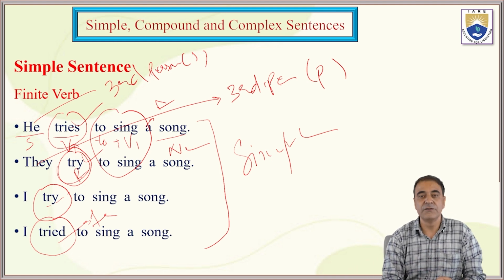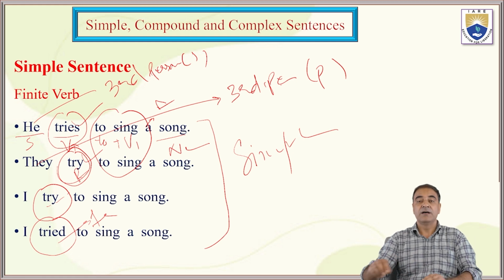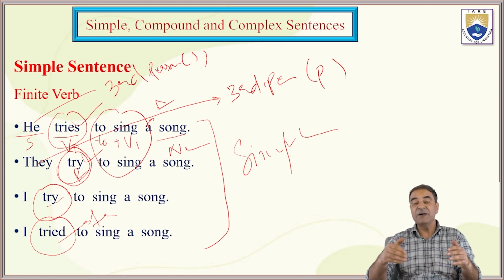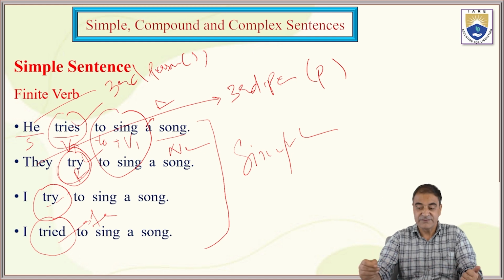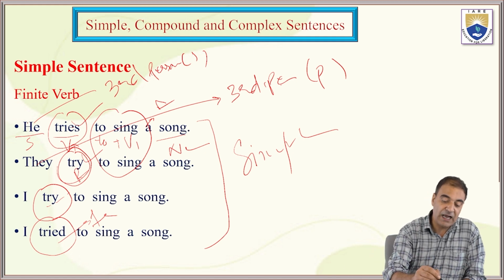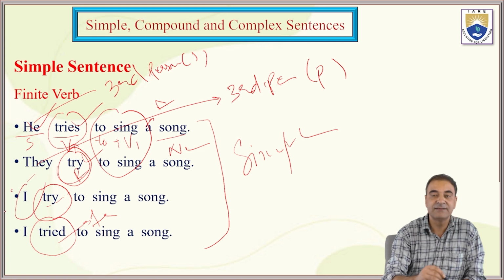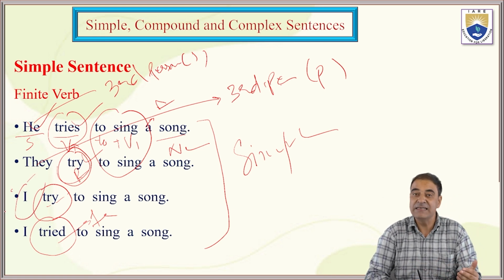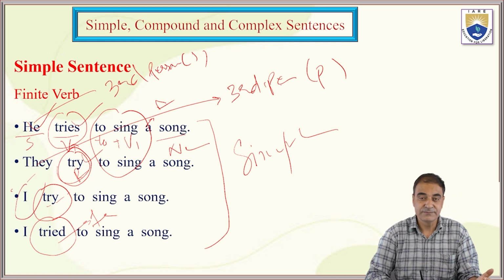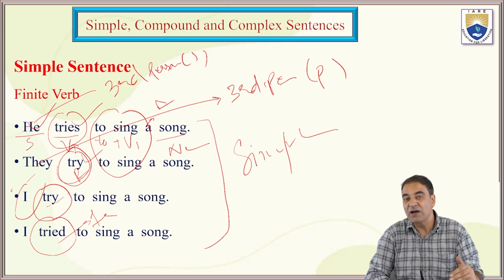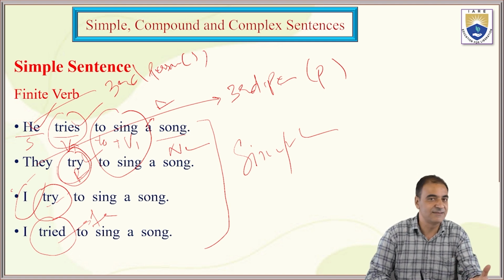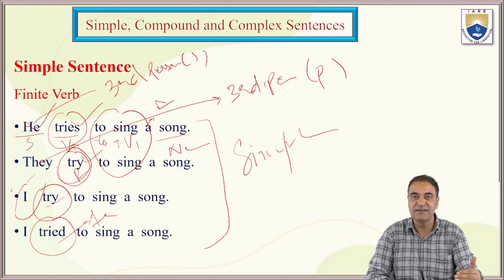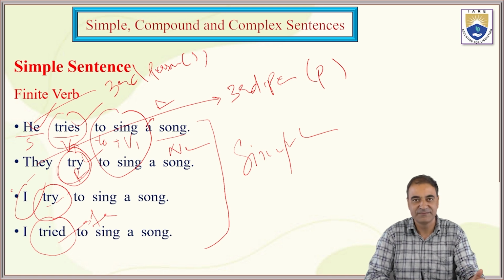And one more thing: if we change the person of the subject, and with this change the verb changes, we call it a finite verb. Like here, if you look at the first sentence and the third sentence, in the first sentence our subject is he, that's singular. And in the third sentence we have the subject I, again singular. But there's a difference of person, okay? The first sentence is third person, and the third sentence is first person.